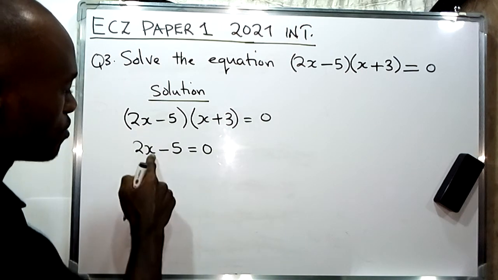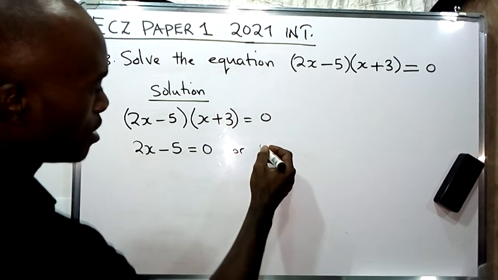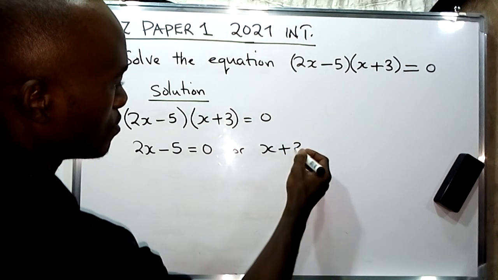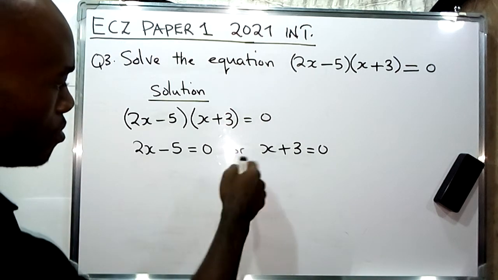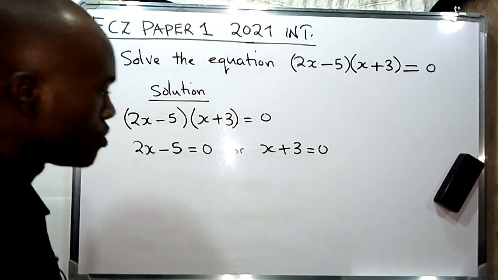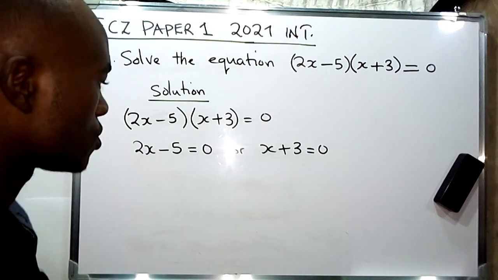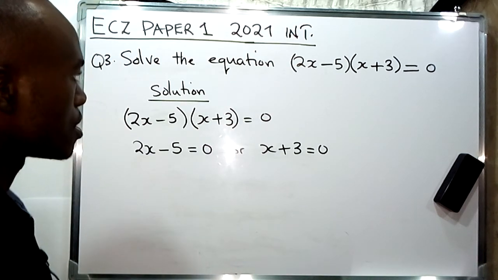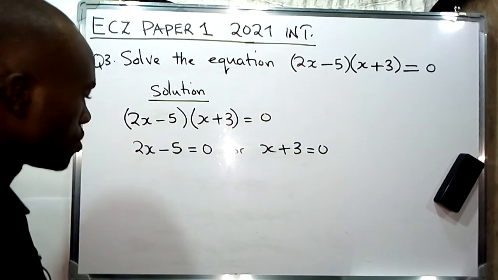So 2x - 5 = 0, or x + 3 = 0. I hope you know why we are putting this "or": because we're going to have two values of x, this being a quadratic equation.